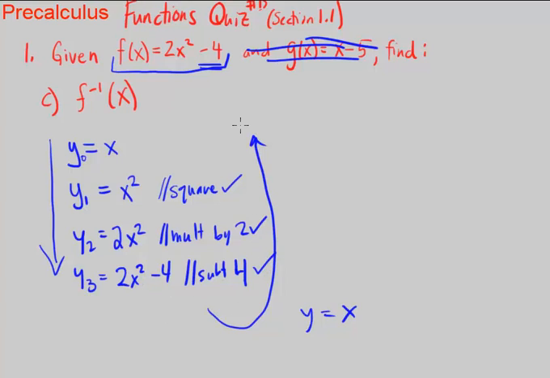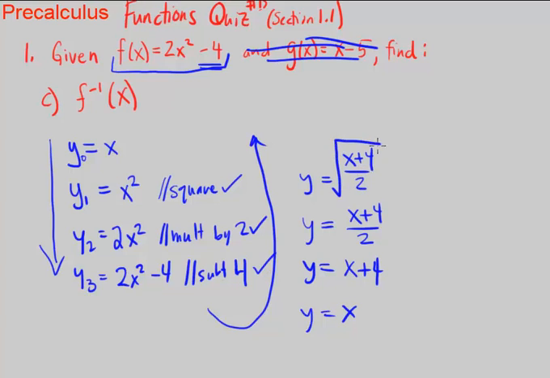So it's just like we wrap the gift. Well, we have to unwrap it in the opposite order that we wrapped it in. So the opposite of subtract 4 is we start here now, we add 4. Now the opposite of multiply by 2 is we take this and we divide it by 2. And the opposite of square is we square root.